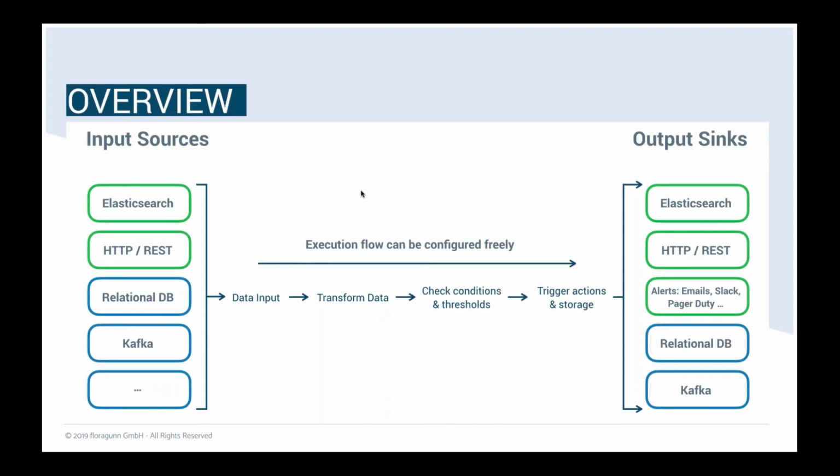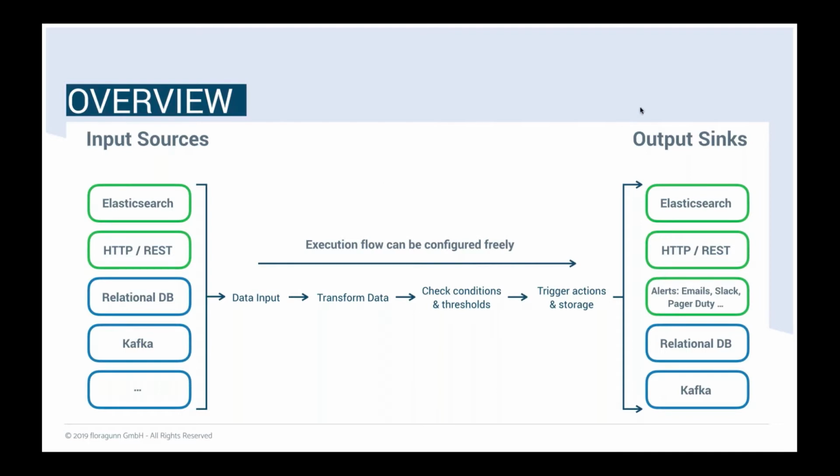So once the data is pulled into Signals, you can then actually work with the data, which means you can combine data, you can transform data, you can implement calculations. This is based on the painless scripting language. And then as a last step, you can trigger actions, which means either send out an alert or store the data back into other data sinks.